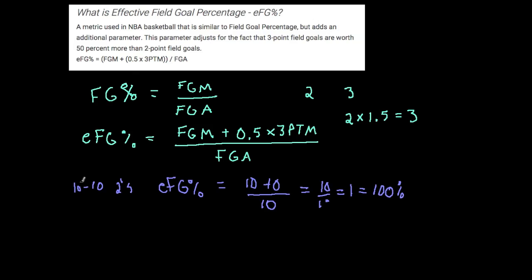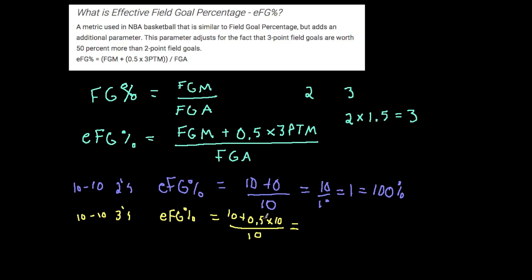They made 100% of their shots, but here's where it can be a little tricky potentially. So now let's say they went 10 of 10 on 3s. Then their effective field goal percentage would be field goals made. They had 10 field goals made, but they had also 10 threes. So plus this 0.5 times they had 10 3-pointers made, divided by 10 equals.